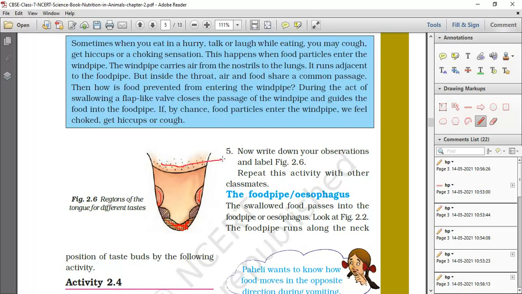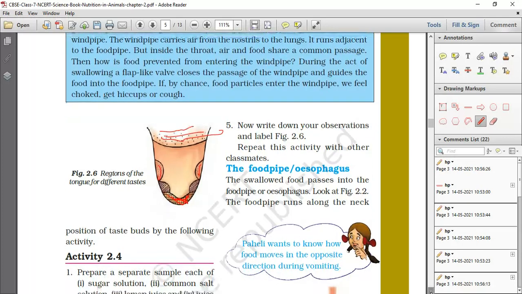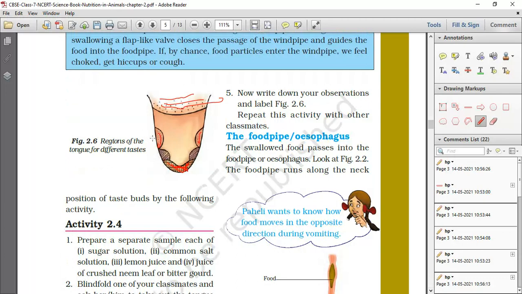This is the bitter region, and this one is the sour region.